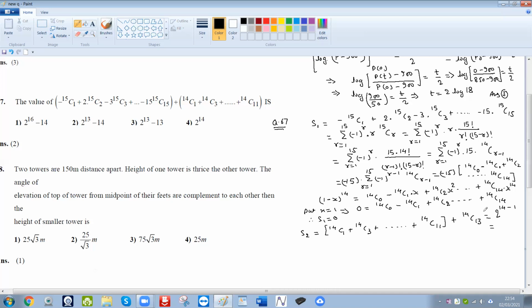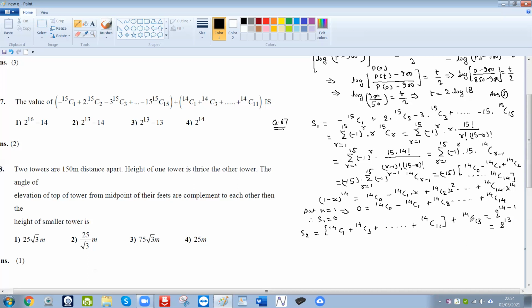I am writing this directly; you can easily refer to your textbooks for how this result is arrived at. So this becomes 2 raised to the power 13.